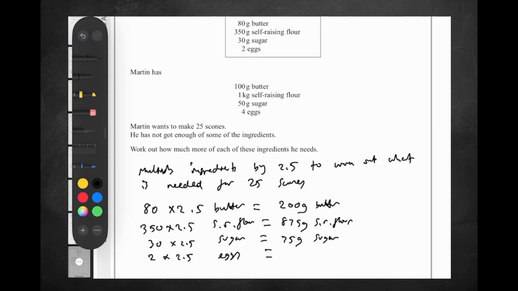And 2 times 2.5 eggs is going to be 5 eggs. So he needs 100 grams more butter, as he only has 100. He has enough flour. He needs 25 grams of sugar. And he needs 1 egg.